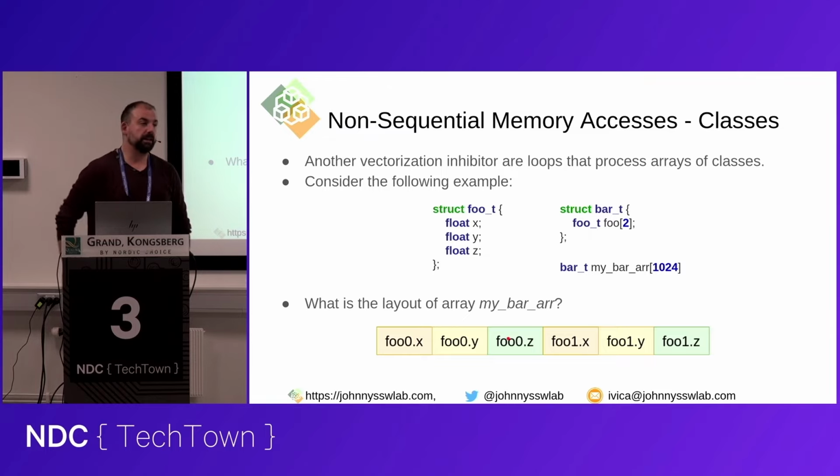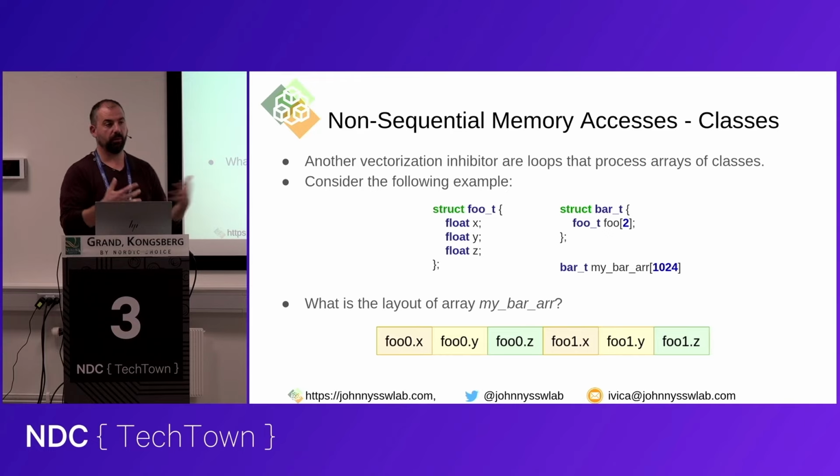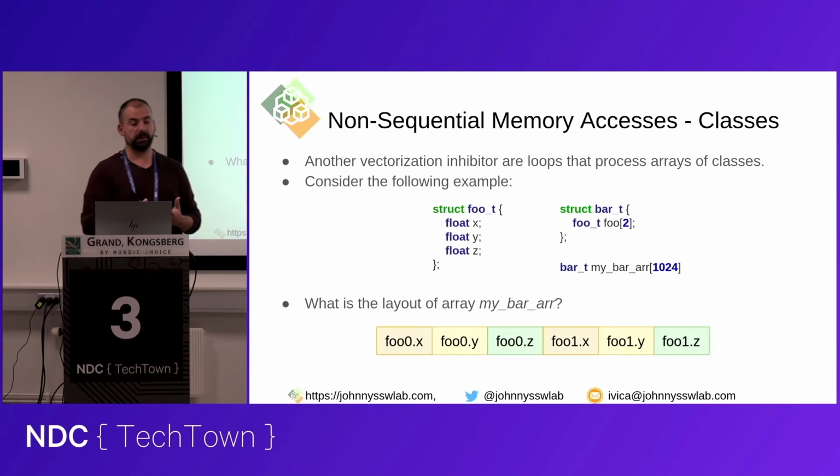So vectorization exists for floats, for integers, for doubles. It doesn't exist for classes. In the underlying hardware, the CPU works with floats and doubles, or integers, whatever. It doesn't work with classes. So classes are just an abstraction above those simple types.